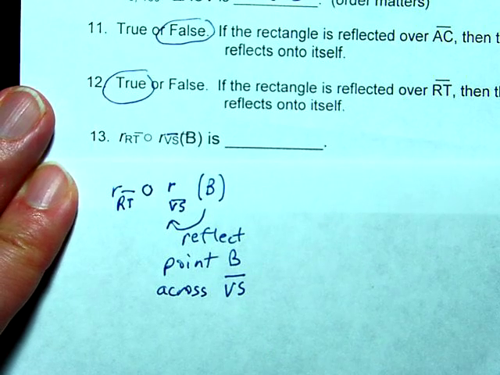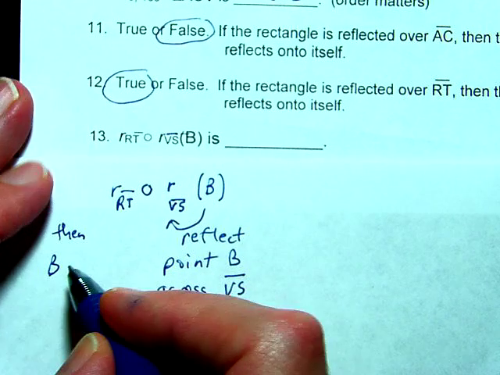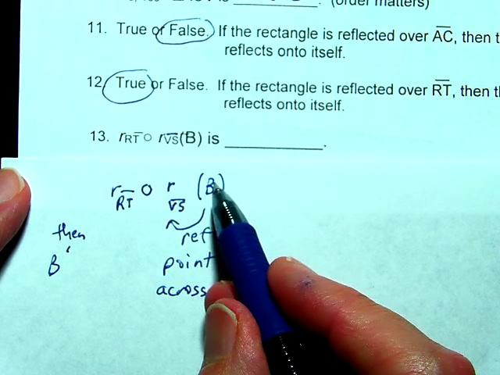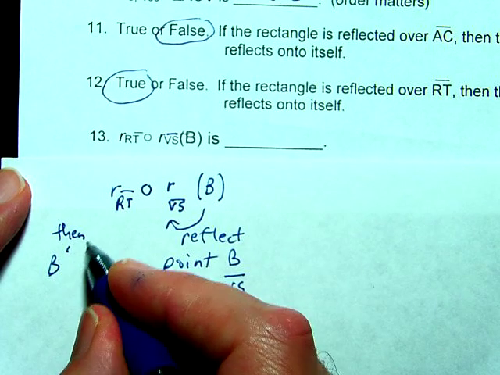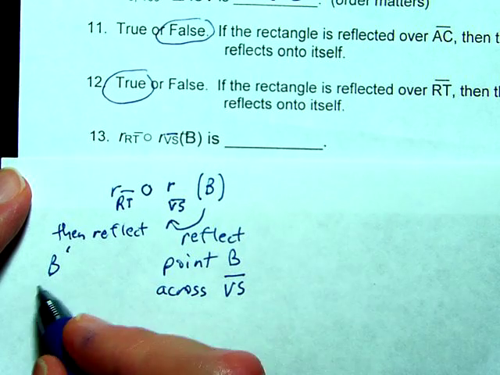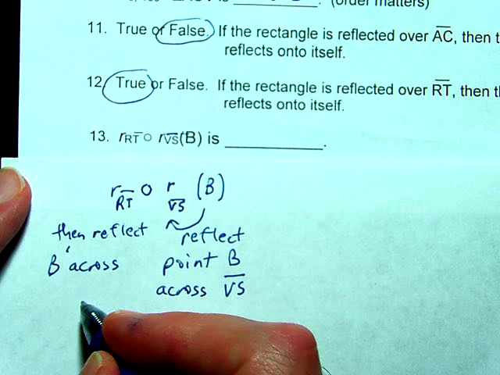Then we're going to take B prime, the reflection of point B across VS, and reflect B prime across line segment RT.